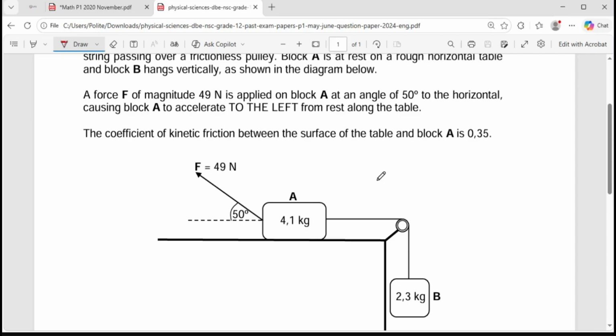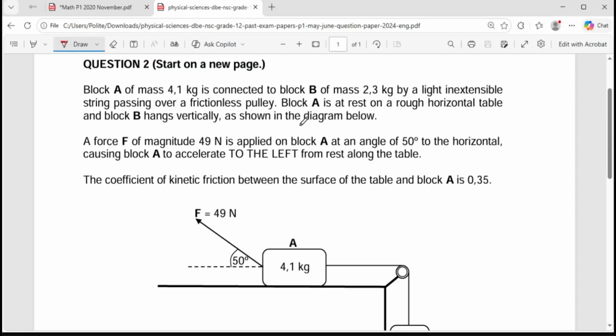All right, so we can see what we have on the block there. They say that block A is at rest on a rough horizontal surface, and block B hangs vertically as shown in the diagram.